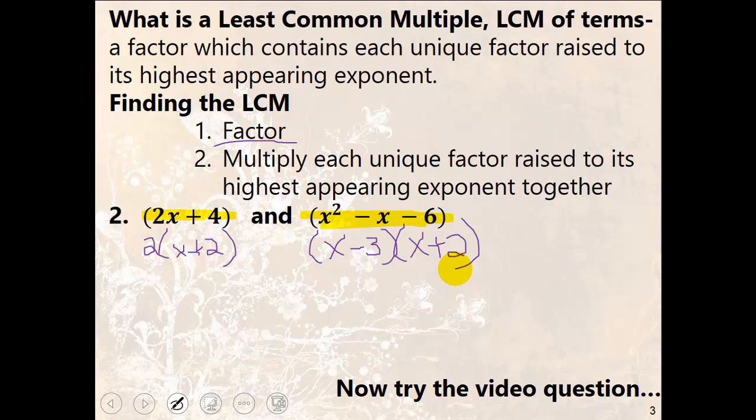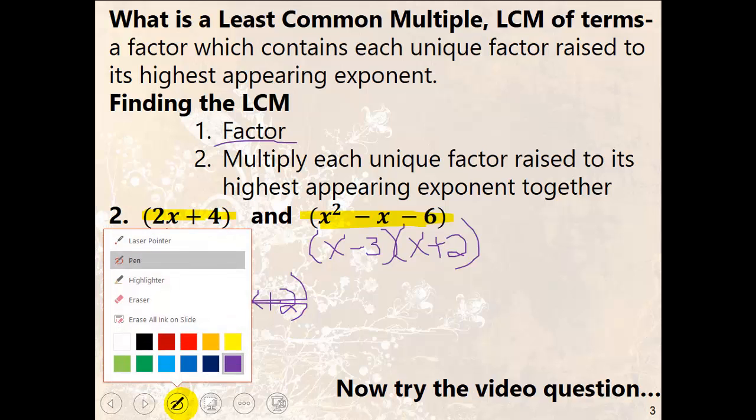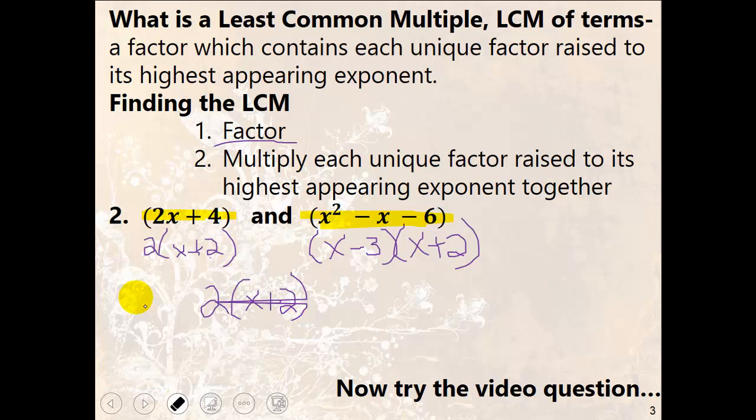So I have 2, and it's just to the first because I don't have any other exponent. Then I have an x plus 2 to the first and an x plus 2 to the first, so it's just x plus 2. If these x plus 2's had been in the same expression, then we would have had a squared situation, but this is to the first and this is to the first. So our highest appearing exponent is just to the first. And then I have this unique factor of x minus 3.